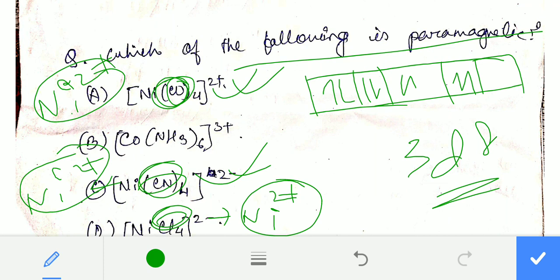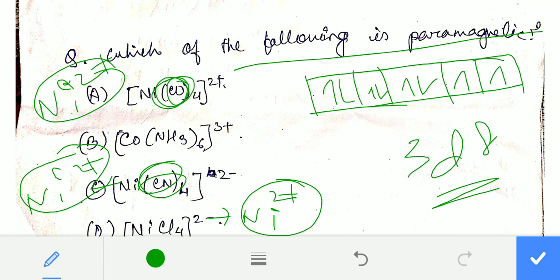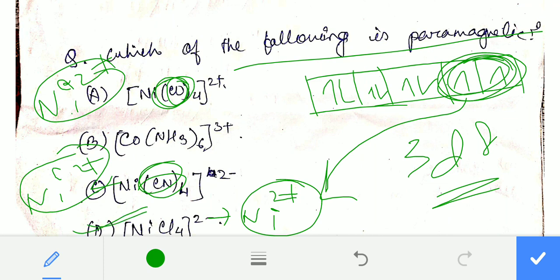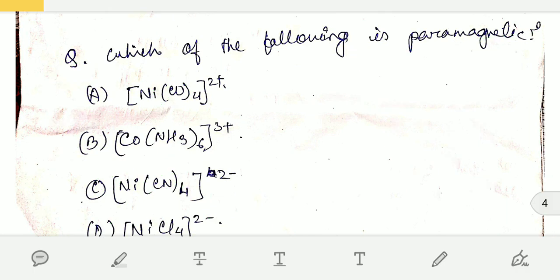But in option D it is NiCl4. Chlorine is a weak field ligand, so it is unable to pair up the electrons. Therefore two unpaired electrons will be present for NiCl4, which is a paramagnetic substance. For this question, NiCl4 is the paramagnetic substance.